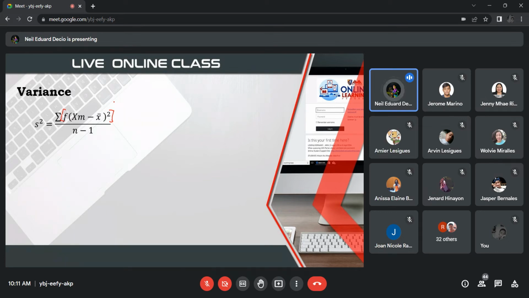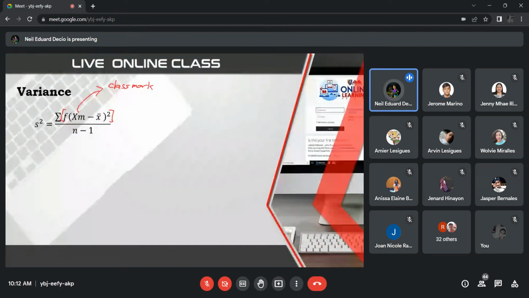Okay. So there are some familiar notations here, which is XM. We used XM in solving for the mean, right? XM is the class mark, which is just the middle value of our class interval, the midpoint of the class interval.